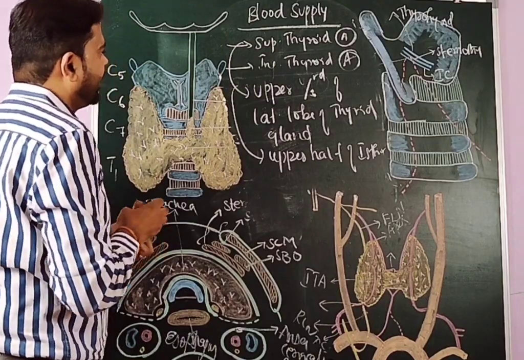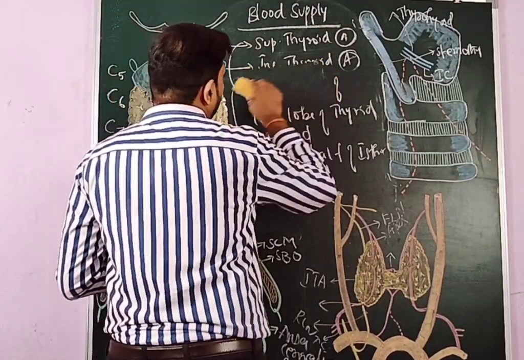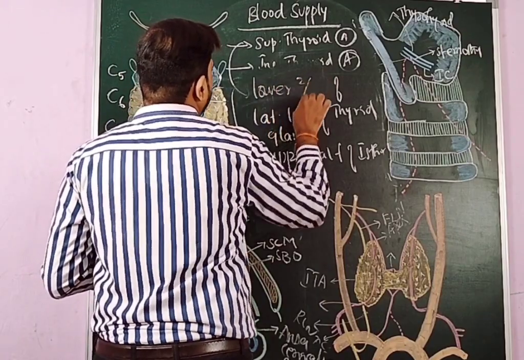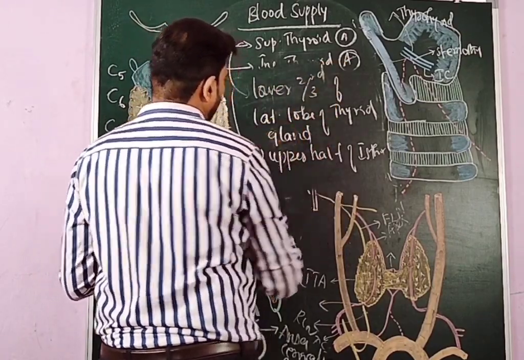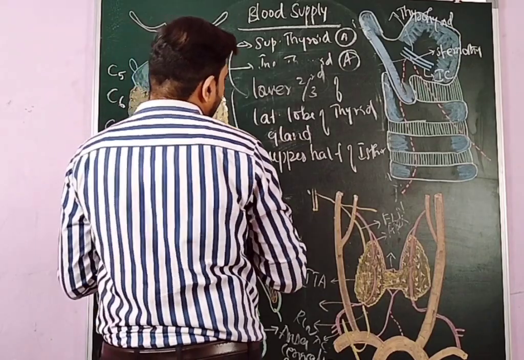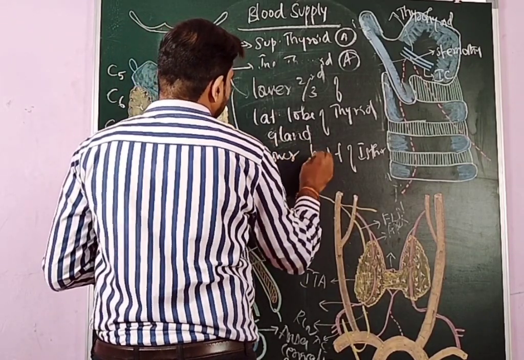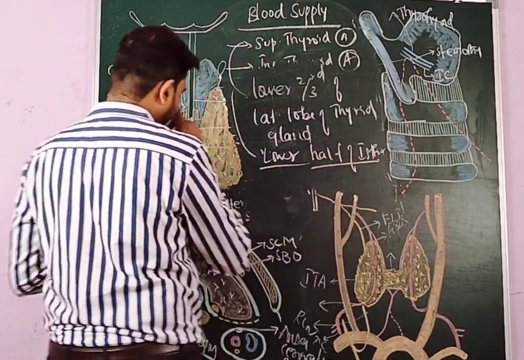Whereas the inferior thyroid artery supplies the lower two-thirds of the lateral lobe and the lower half of the isthmus. So this is about the superior thyroid artery and inferior thyroid artery.